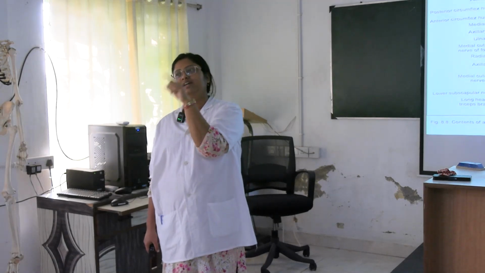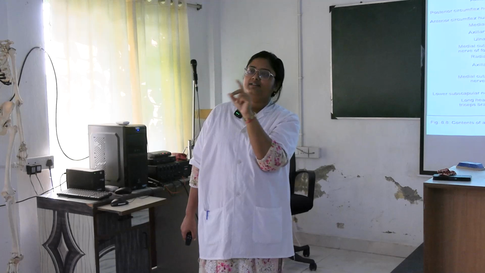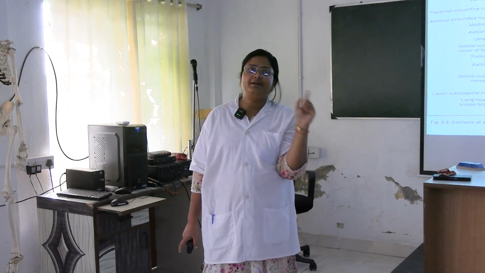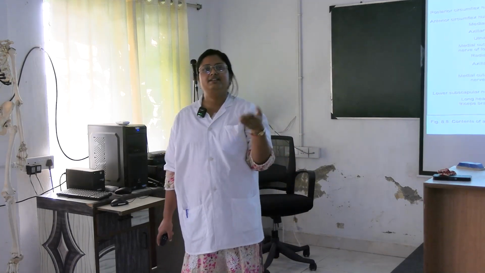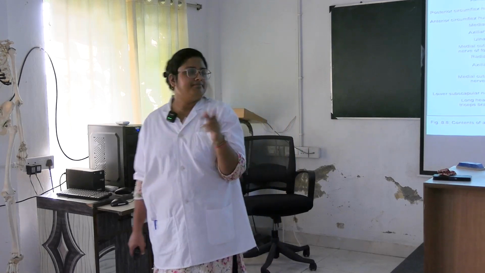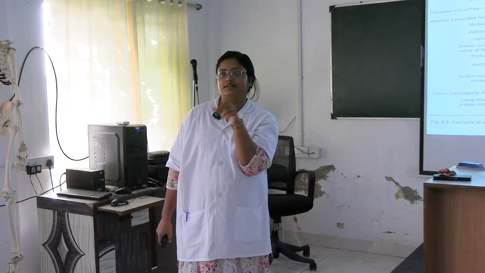You can remember like M4U: ulnar nerve, medial root of median nerve, medial cutaneous nerve of arm, medial cutaneous nerve of the forearm.